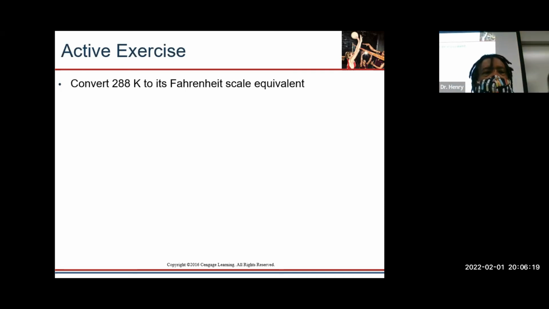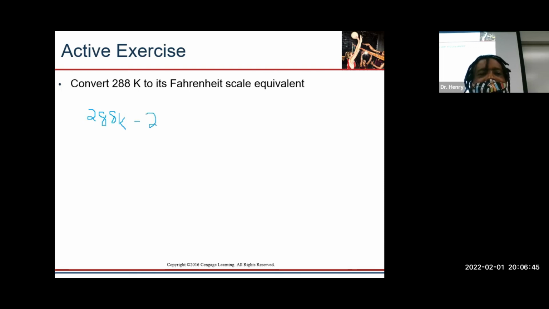Okay, so what am I going to do? First step. Change it to Celsius. How do I change that to Celsius? Did you say divide or subtract? Subtract. Okay. Yeah, I thought you said divide.